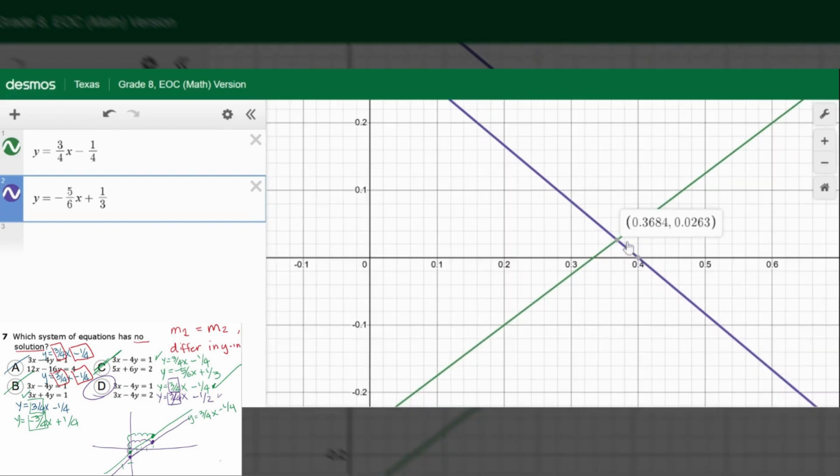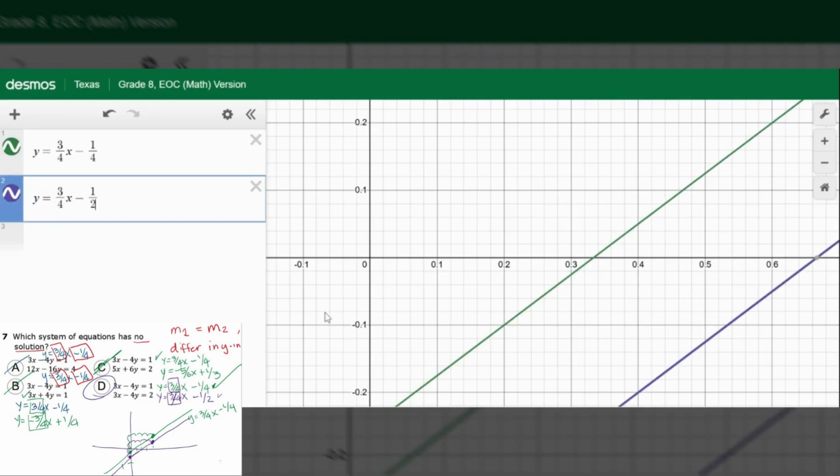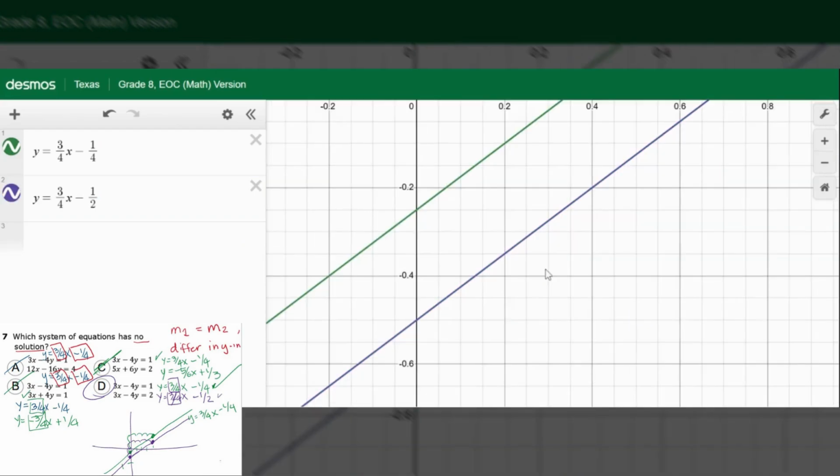They do intersect. Now the last one, which is our answer, letter D, that's 3/4 x minus 4. And then I'm just going to copy that, copy, paste, and then change this to 1/2. There you go. So this is the graph that doesn't have a solution.